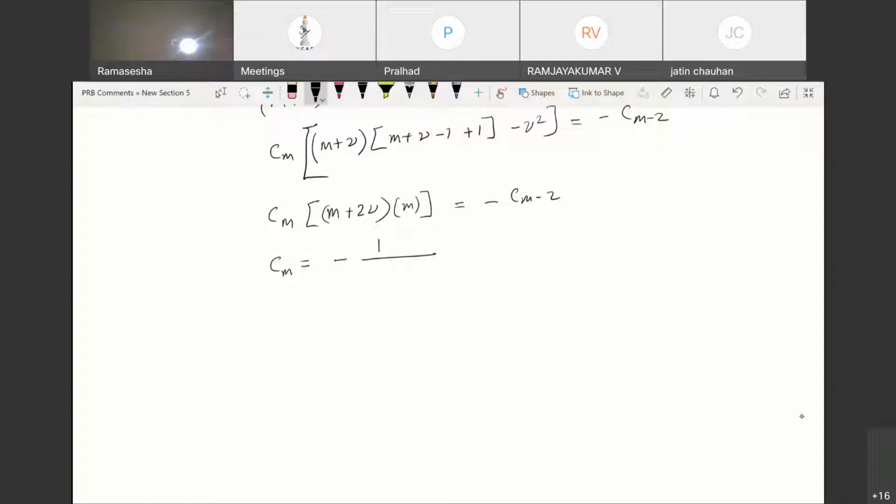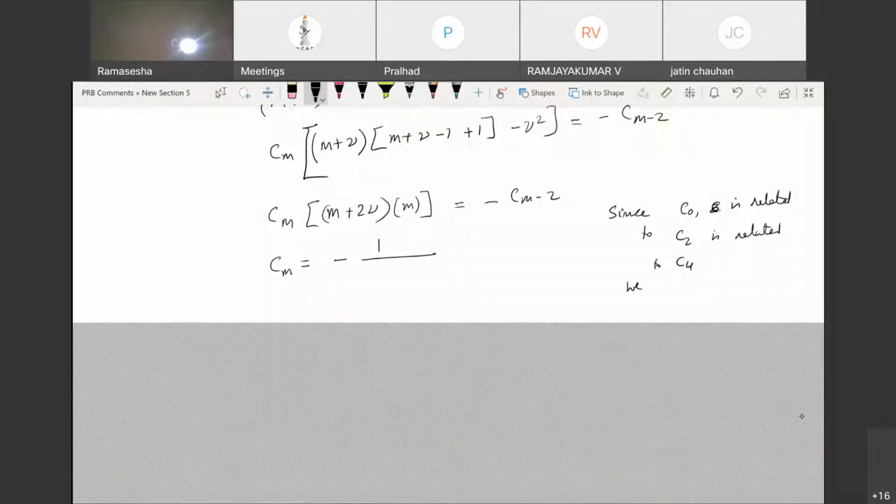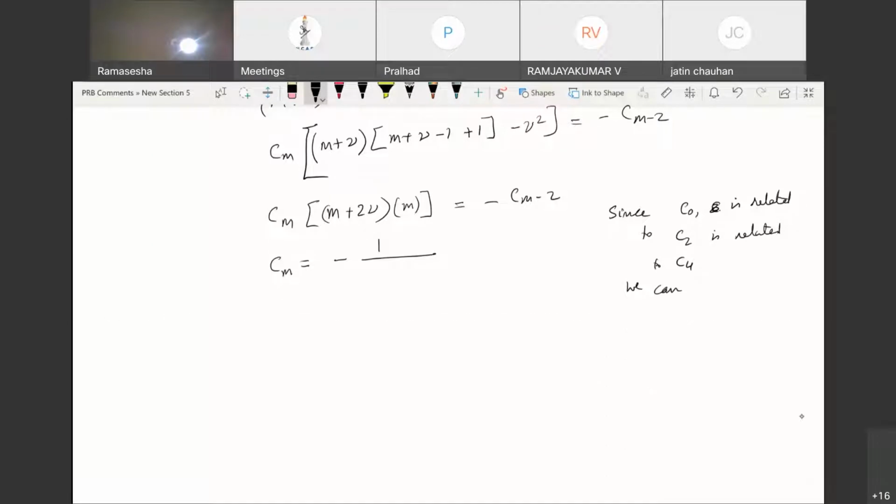Because what I think is since C naught is related to C2, is related to C4, etc., we can replace m by 2m.